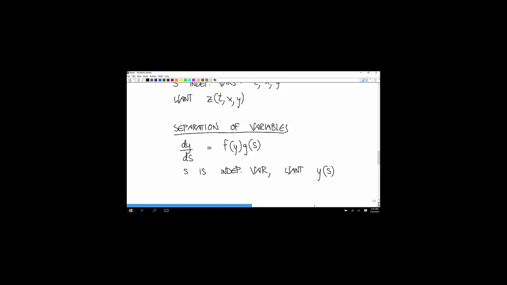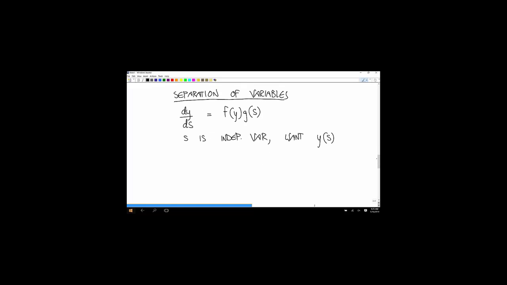Usually our independent variable is going to be time in this class, so t will be our independent variable, but this is just a general way of writing this. Since there's only one independent variable, this is an ordinary differential equation.